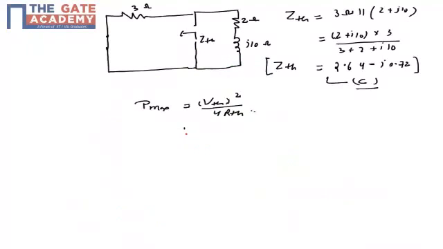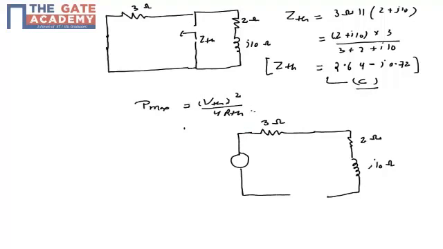So now let's draw the equivalent circuit for the Thevenin equivalent voltage. This time we have a 3 ohm resistor followed by a 2 ohm resistor, then j10 ohm, and also the supply voltage, which is 50 angle 45 degree.